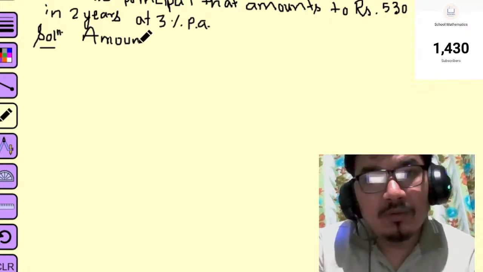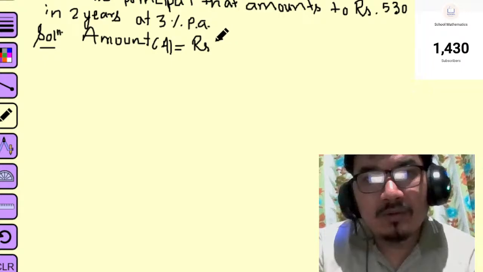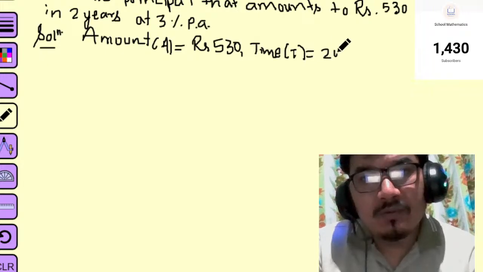Amount A is given there, amount A equals rupees 530, and time T is given also. First write the given values. Time T is given as 2 years.